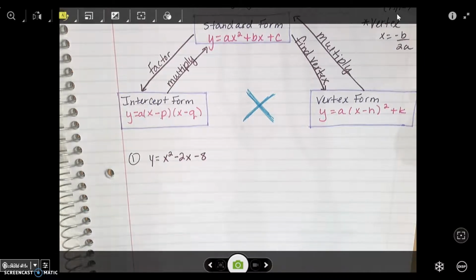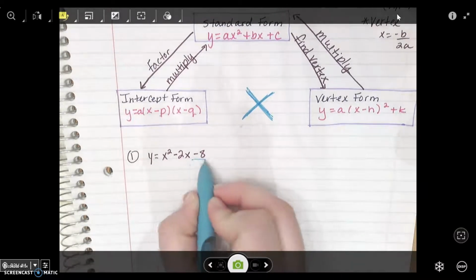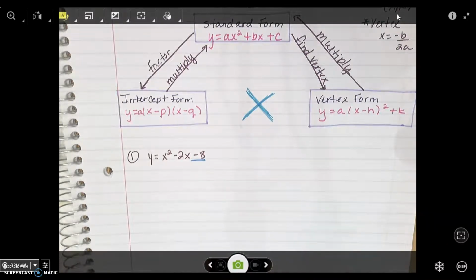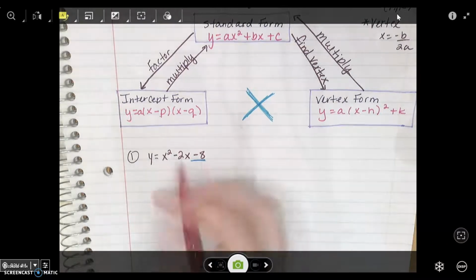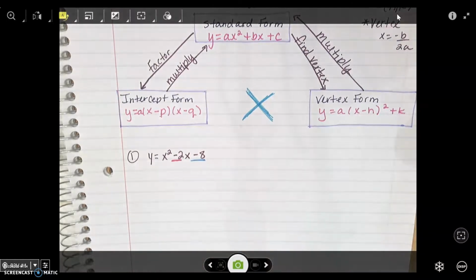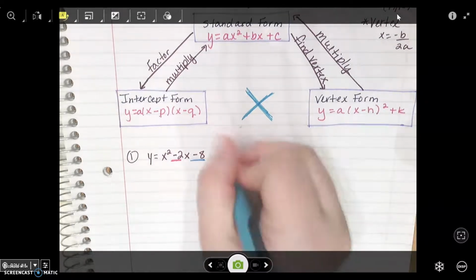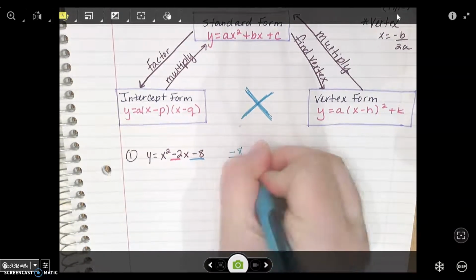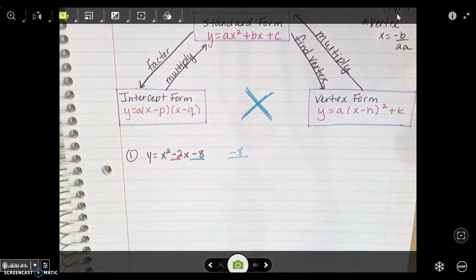You have to come up with two numbers that multiply to give you negative 8, but add to give you negative 2. Okay. So two numbers that multiply to give you negative 8. So let's go to the side here, negative 8. What are some numbers that we can multiply together to give us negative 8?